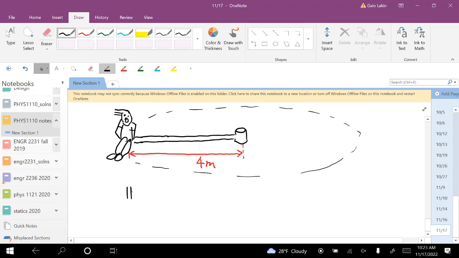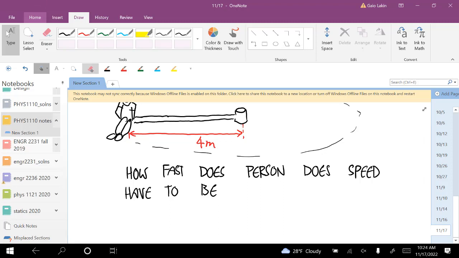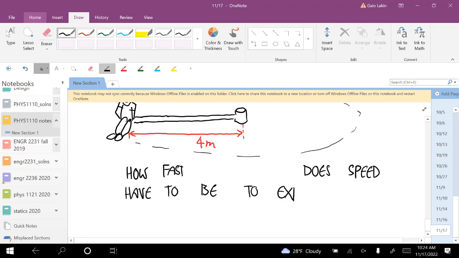How fast does the person have to move? You know, how fast does the speed have to be for the person to experience five G's?